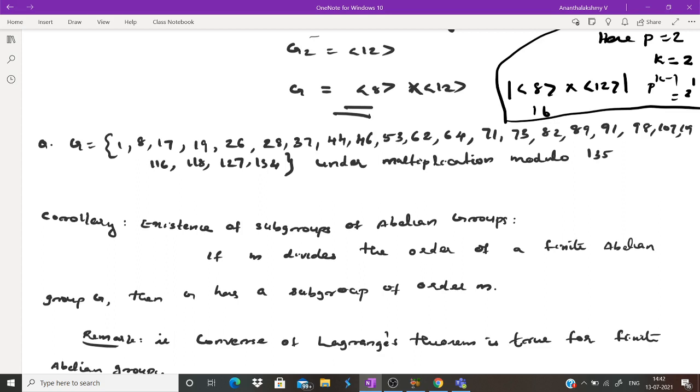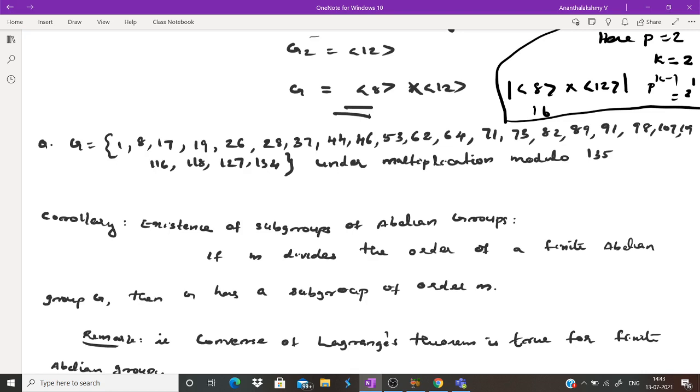But it is true for finite abelian groups, because by the fundamental theorem we know that G is isomorphic to the internal direct product of cyclic groups, and for cyclic groups we know how to find subgroups. By the fundamental theorem of cyclic groups, if M divides the order of a cyclic group, then the cyclic group has a subgroup of that order.